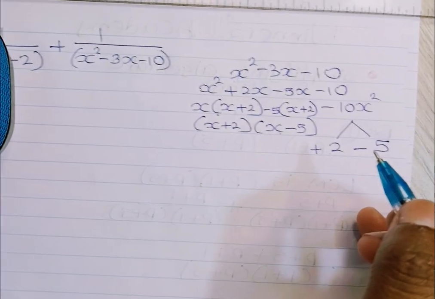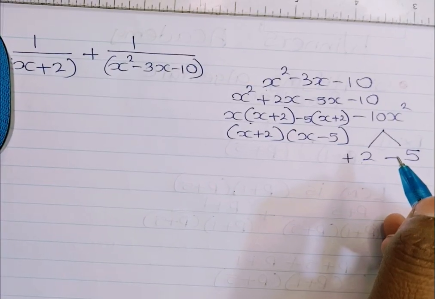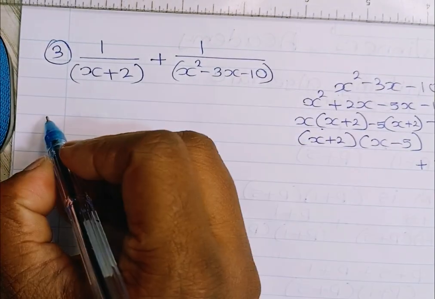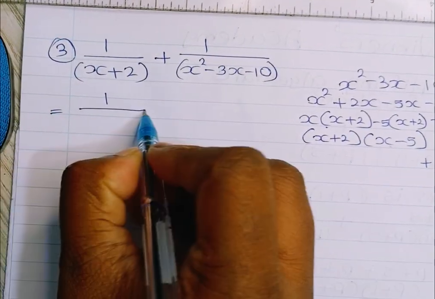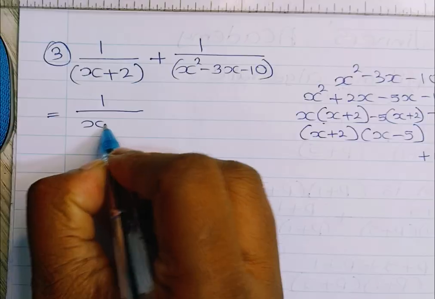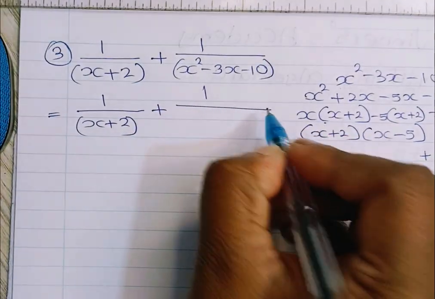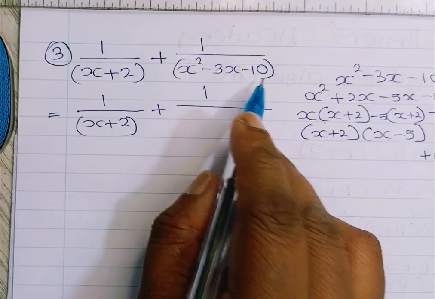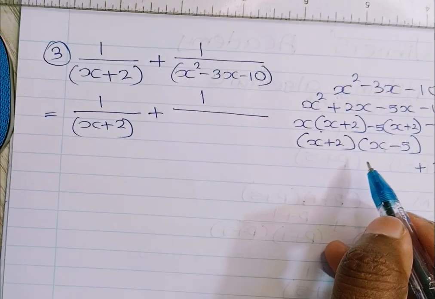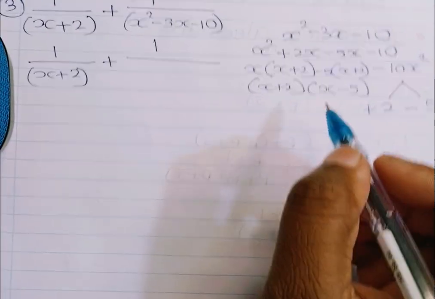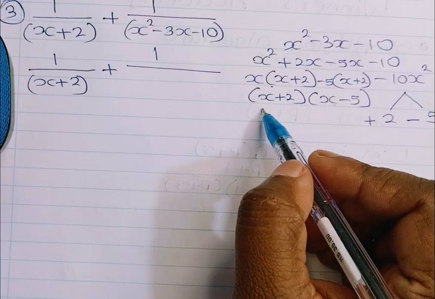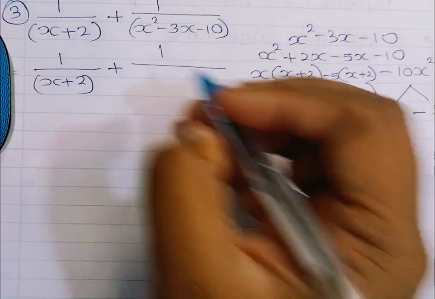So after that I can write down like here: 1 over x plus 2 plus 1 over, instead of this expression, I can apply these two factors we already found, x plus 2 times x minus 5, right?